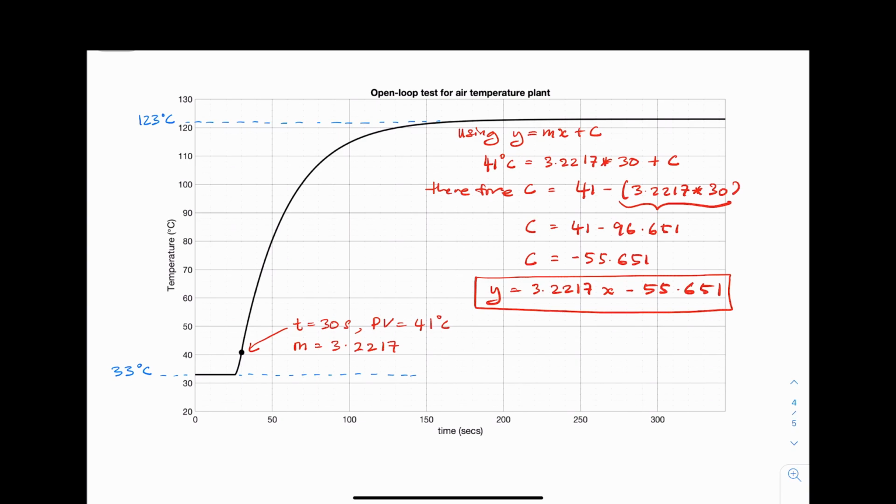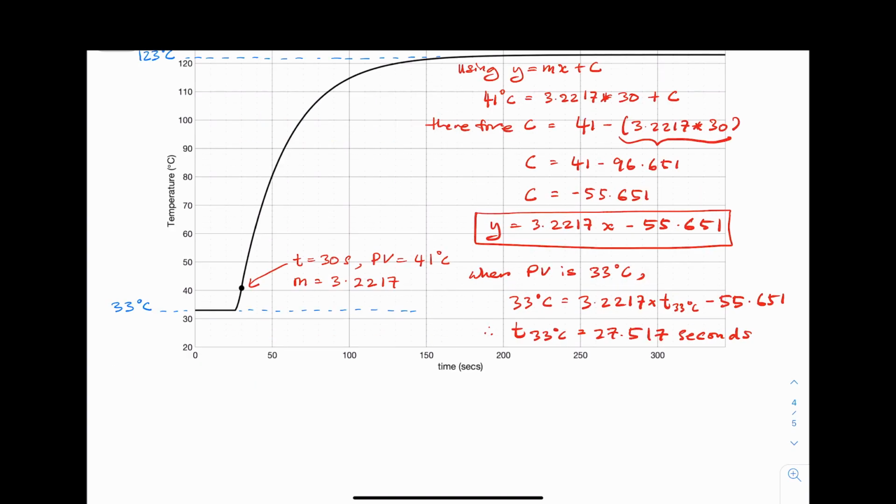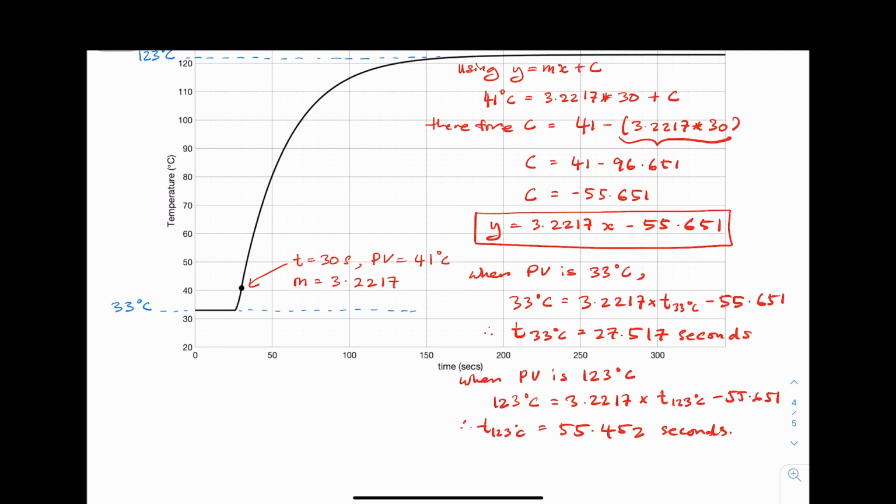So we can get the general equation for the tangent line, and using this general equation, we can find the intersection of the tangent line with the initial state of the air temperature plant. When PV is equal to 33 degrees Celsius, the time is 27.517 seconds.